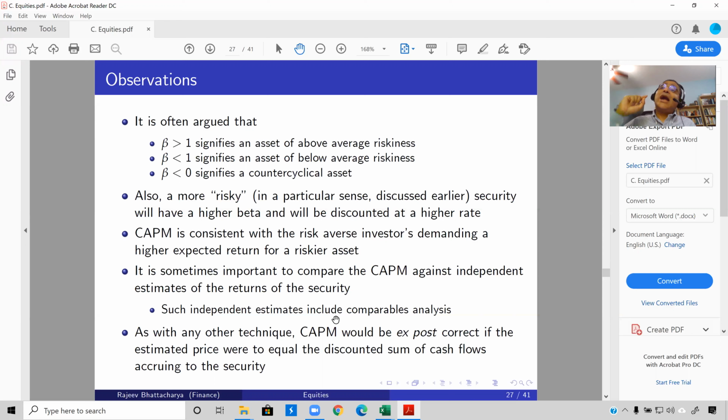That's a risk you have to incur, and what the CAPM predicts is that the excess return, the risk premium, is a function purely of that systematic risk, not of idiosyncratic risk.